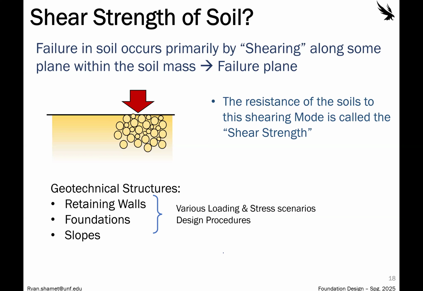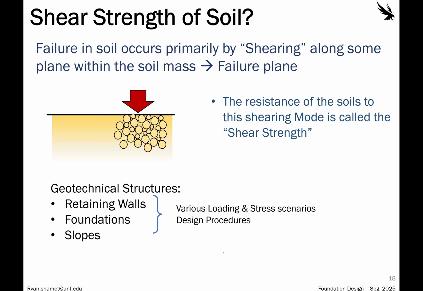So what we want to think about is that failure in soil often occurs primarily due to frictional shearing. Since we're dealing with granular material, a bunch of small constituent parts, when we push on this structure, what we're looking for is the particles rolling over on top of each other and pushing the particles out of the way.